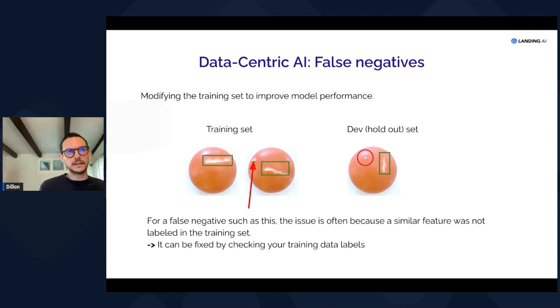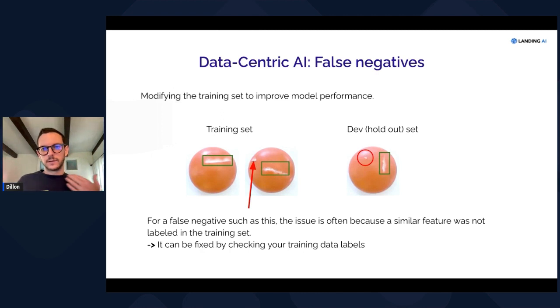The first thing I do is go back through the training set and look for features similar to this pick mark that it missed in my dev or test set. Very often, either I or another labeler has forgotten to label this exact feature, and it's usually a more rare feature, maybe only 3 or 4 of them.